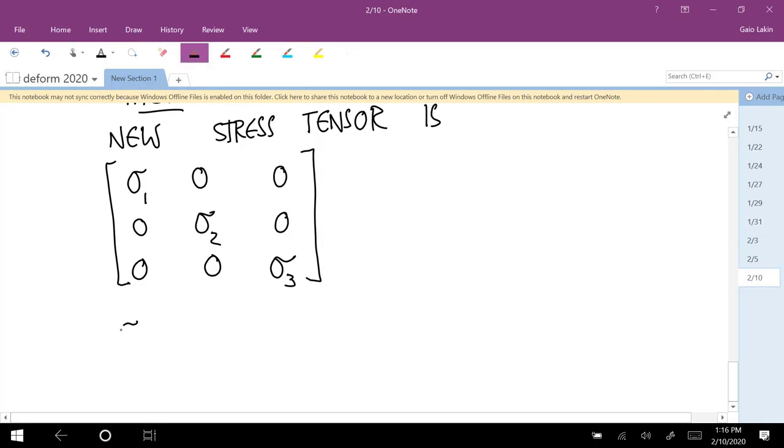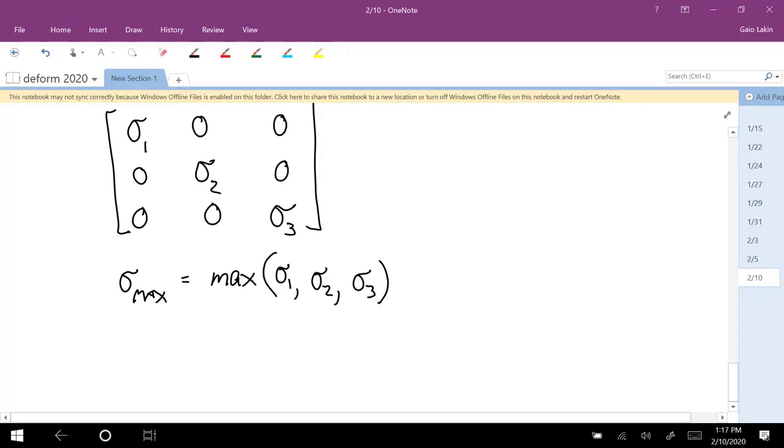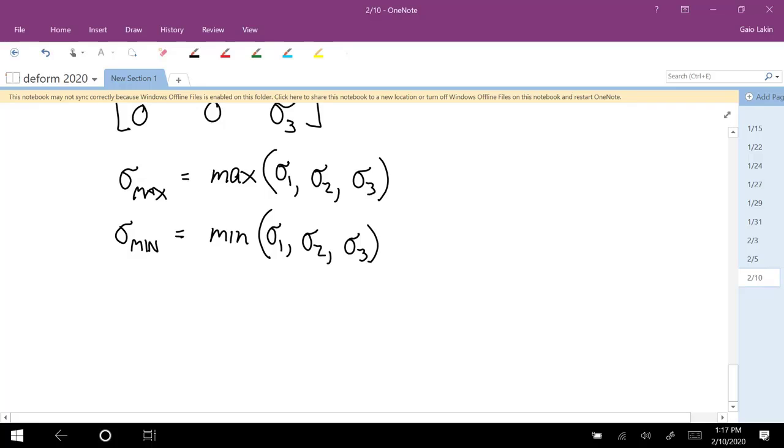Now, if we call, let's say sigma max is the maximum of those three. Sigma min is the min of those three. And sigma mid is the third one, whichever one isn't a max or a min. Okay.